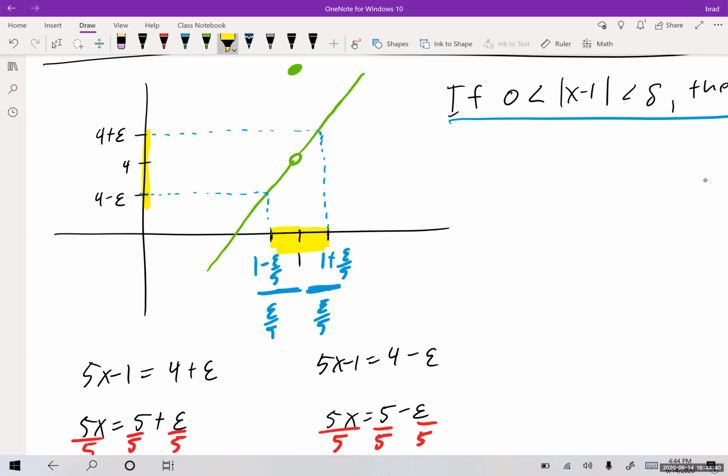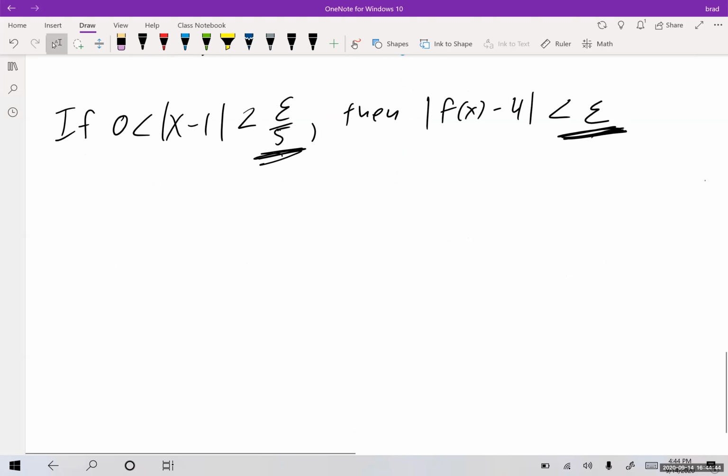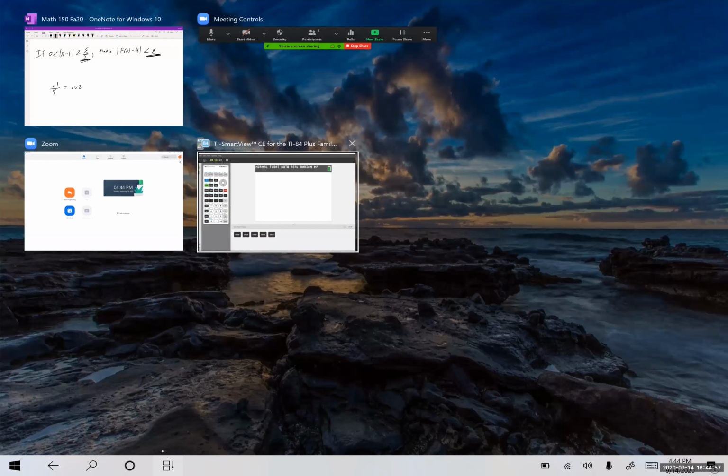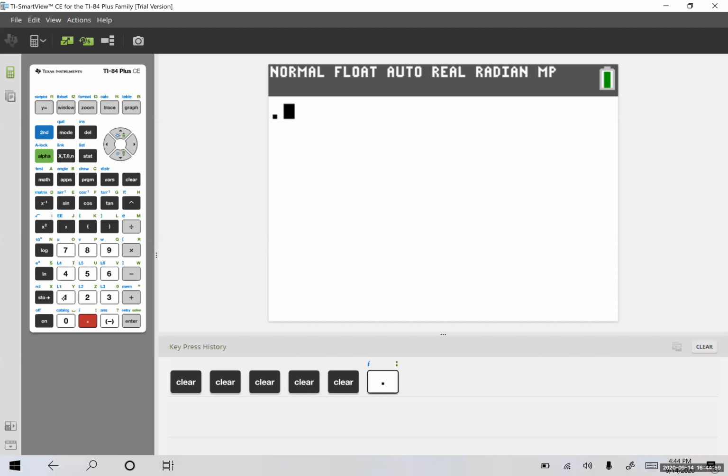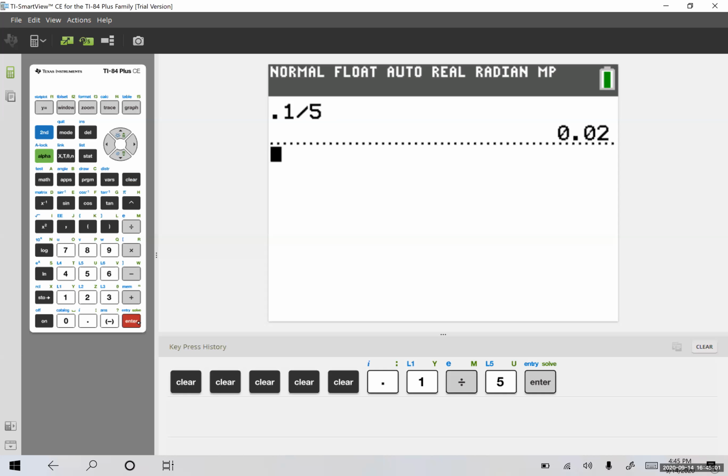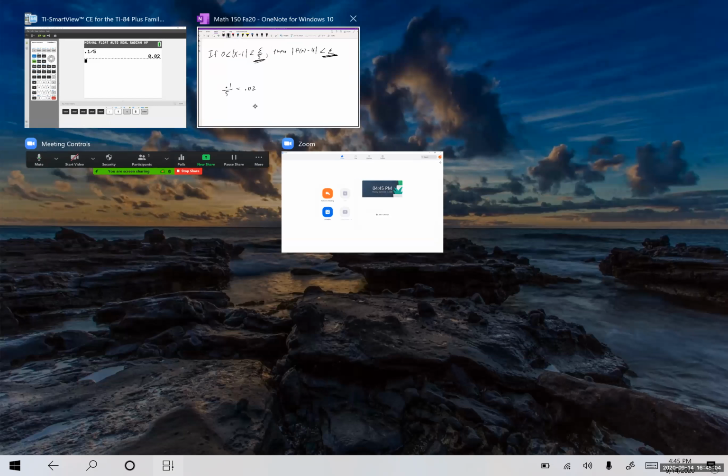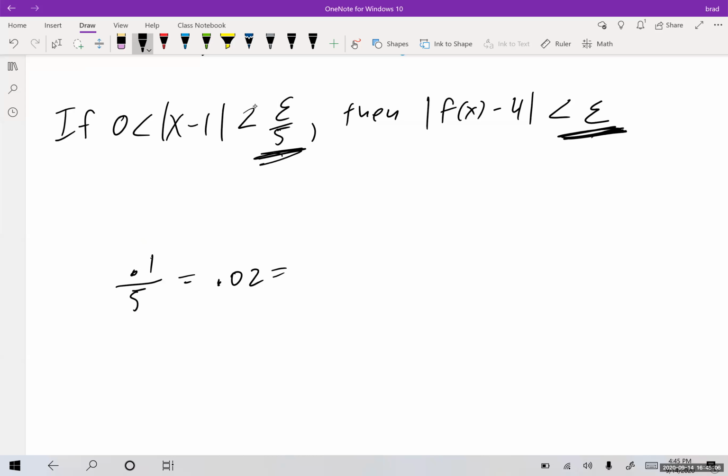So whatever you choose, let's use the previous problem. In the previous problem, we chose epsilon to be 0.1, right? So if we take 0.1 and we divide it by 5, guess what we get? 0.02, right? What is that equal to?